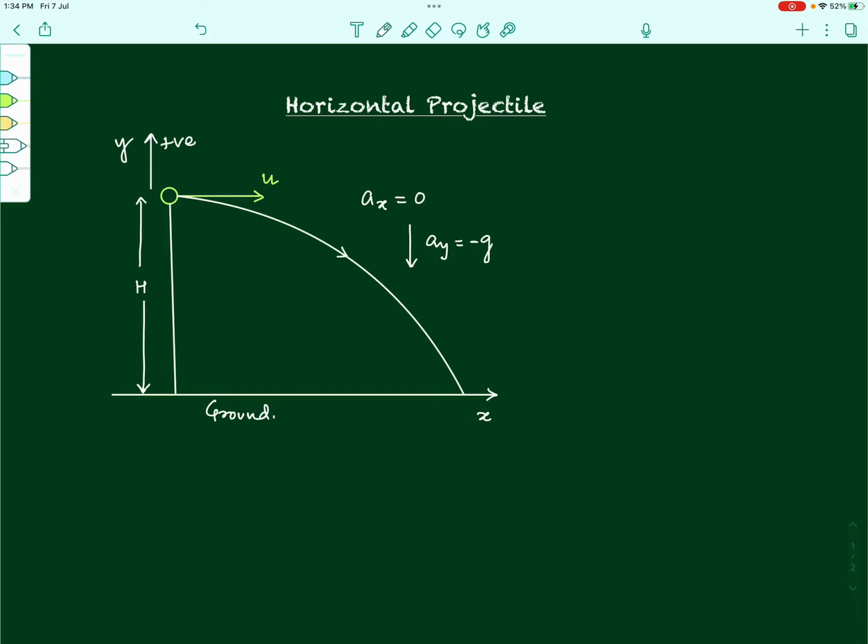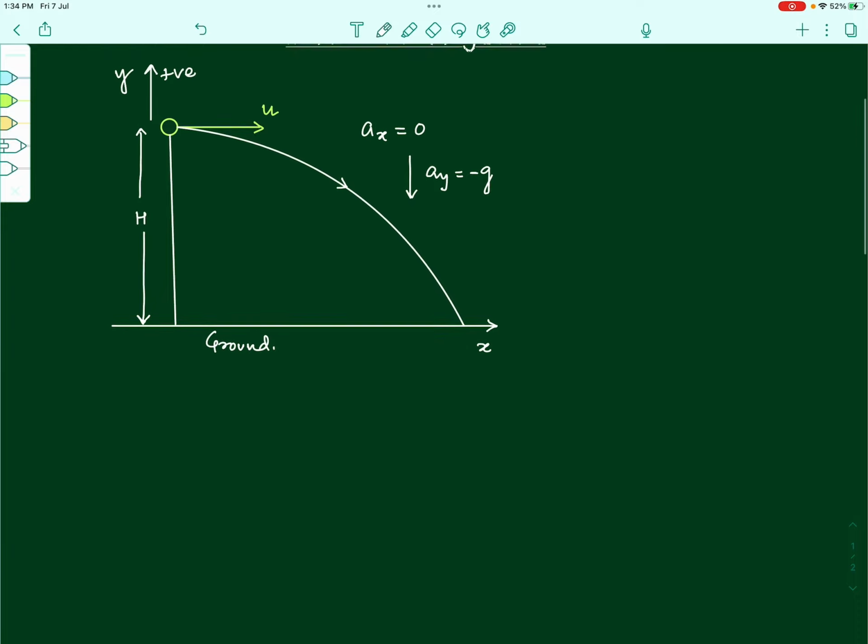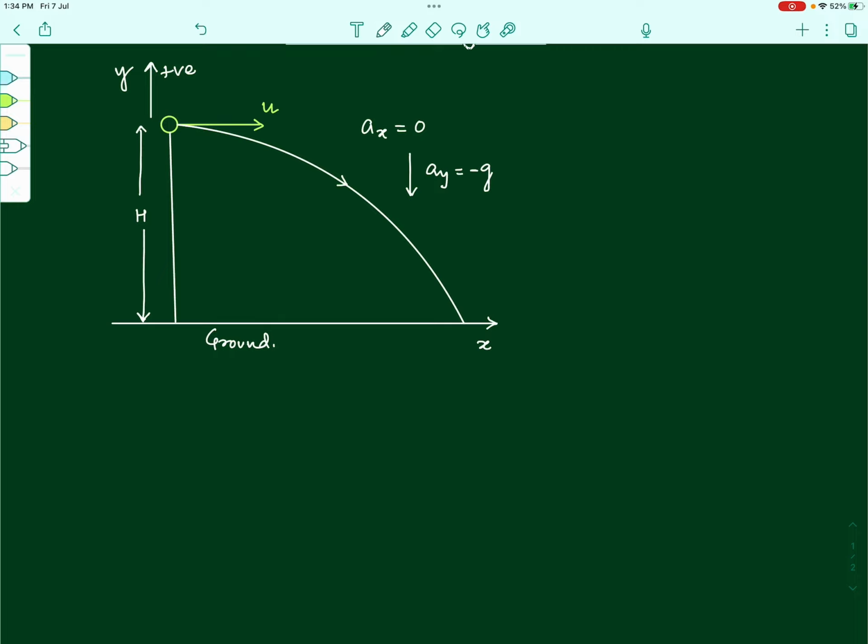So, we can once again do the same thing that we did in a standard projectile. We can split this motion into two parts and work separately using the equations of motion along both. So, along the x-axis, the initial velocity along the x-axis is all the initial velocity that the projectile has. All the u is along the x direction, isn't it?